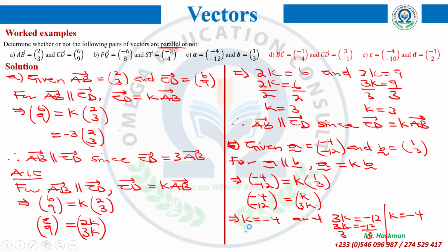So what does that tell you about the two vectors? They are parallel. So you write: therefore vector A, or A tilde, is parallel to B tilde, since A tilde is equal to k B tilde. As simple as that. Now we are going back to the B. Is my point well made?